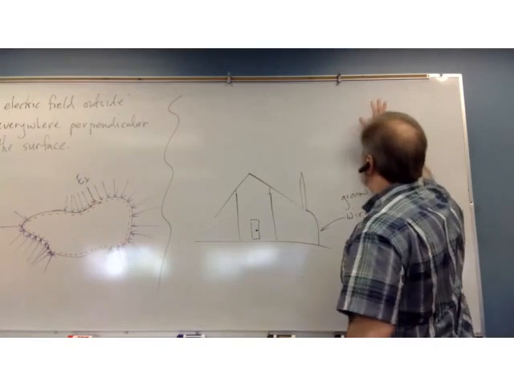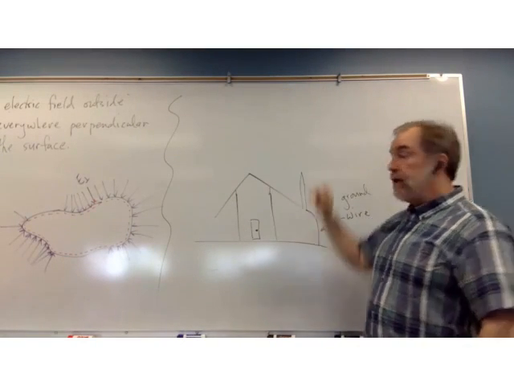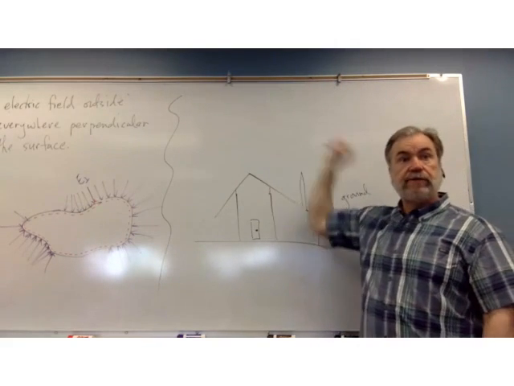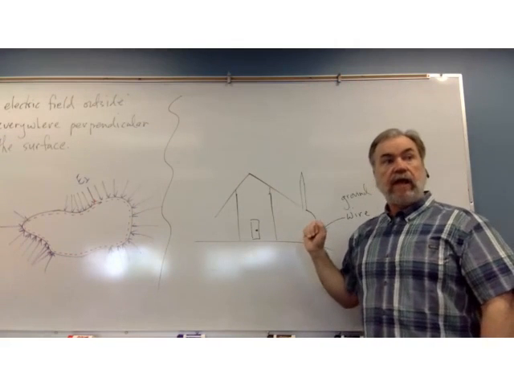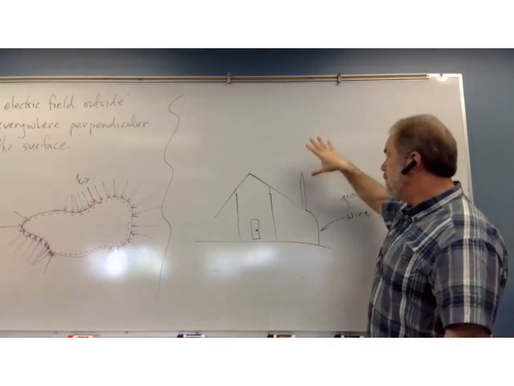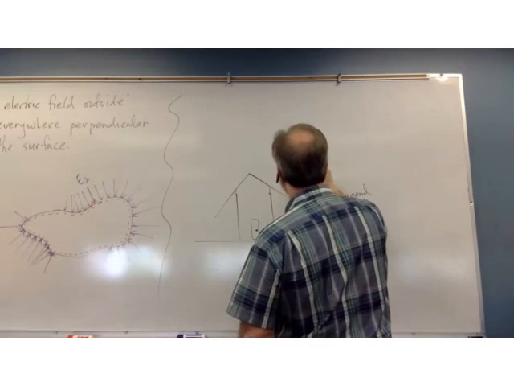And as the charges build up in the clouds, you get a whole bunch of charge up here, essentially zero charge down here, and so you end up with a huge potential difference, and that, of course, generates a huge electric field.